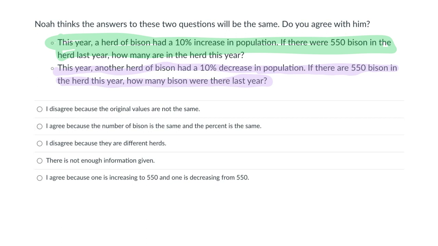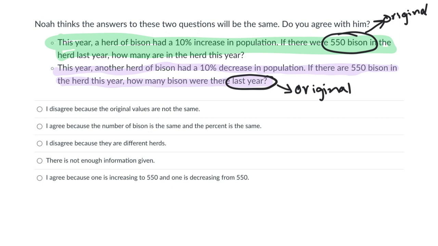Okay, so we need to go ahead and look at this. The big part is knowing the original value. If the original value is last year's herd, 550 bison is the original value here. And on the second question, we're trying to find the original value.